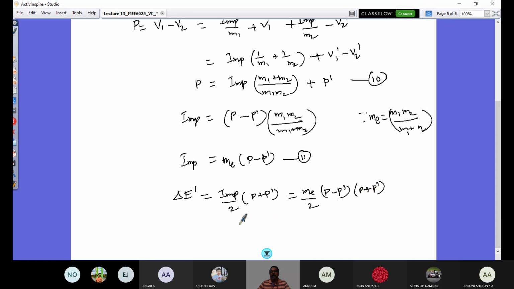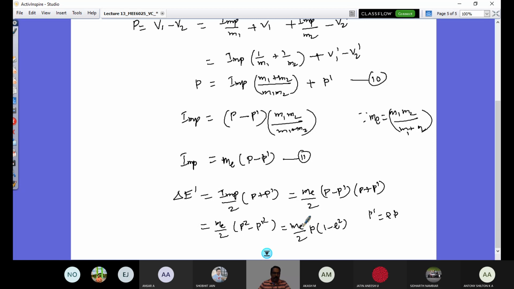So I would have ME by 2, P squared minus P dash squared. We have the relationship P dash is E into P. If I substitute that here, I would have ME by 2 P squared into 1 minus E squared.